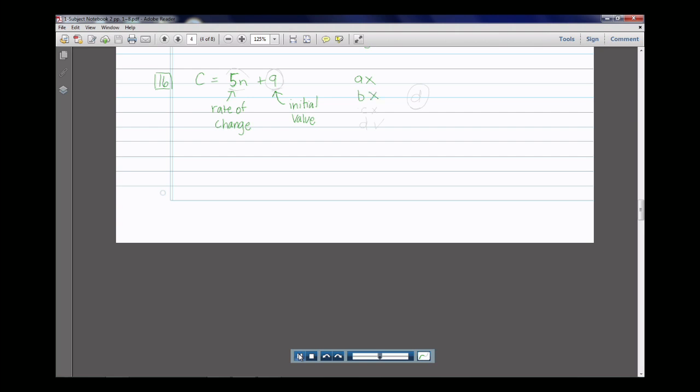C says she charges an initial fee of $5 plus $9 per hour. Let's go back and look. We said the initial fee was $9 and the rate of change is 5 per hour. So C is not it. Now D: she has the initial fee of $9, this is looking good, plus $5 per hour. So that's your rate of change. So D is the correct answer.